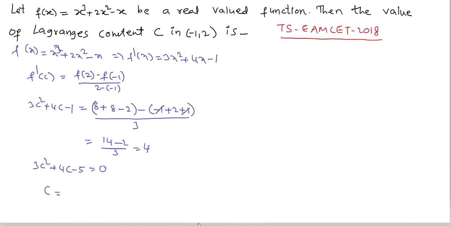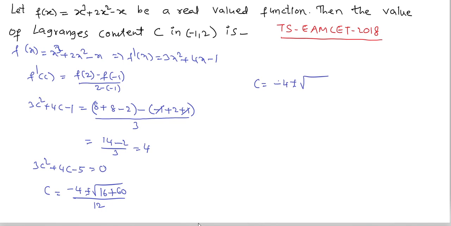Applying c is equal to minus b plus or minus root of b square minus 4ac by 2a, that is minus 4 plus or minus root of 16 plus 60, by 6. Therefore c is minus 4 plus or minus root 76.